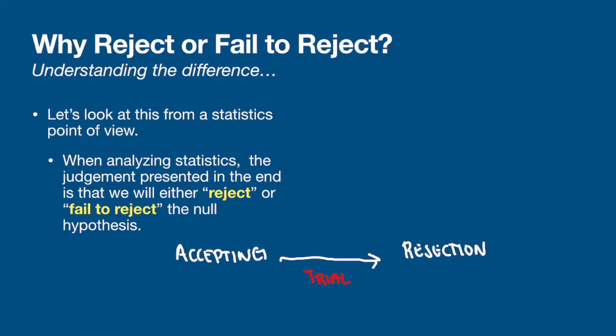Now, in research, we have another term for it, and we'll definitely look more at this as we go through the semester. Oftentimes, we refer to this as hypothesis testing. Okay, so as we go through statistics, it's much the same way as we've talked about with the court case.